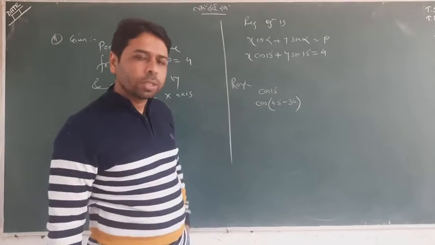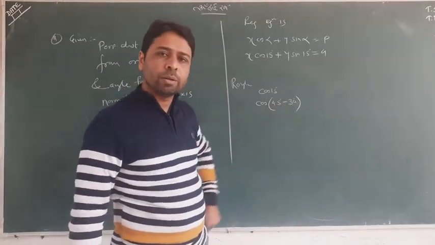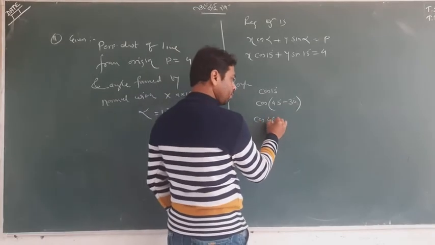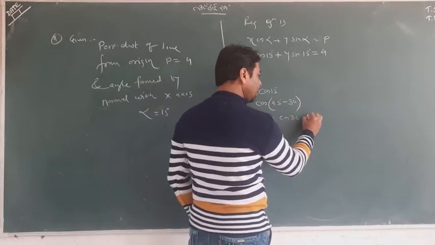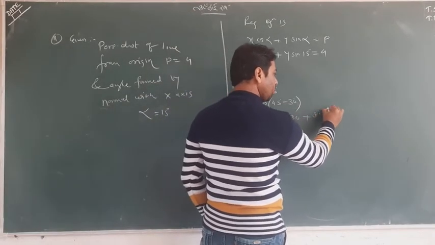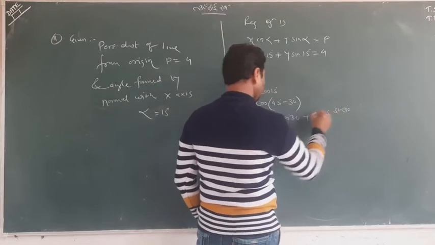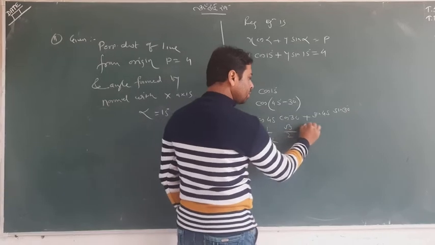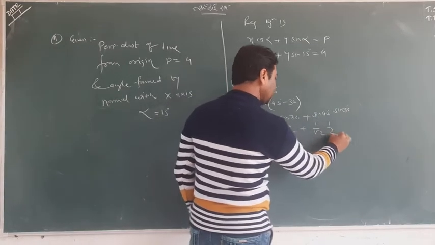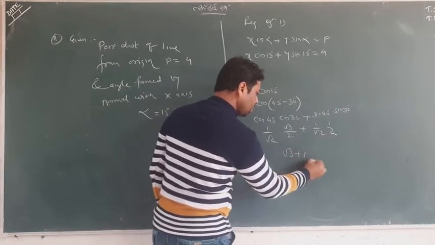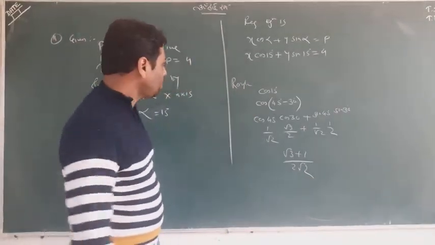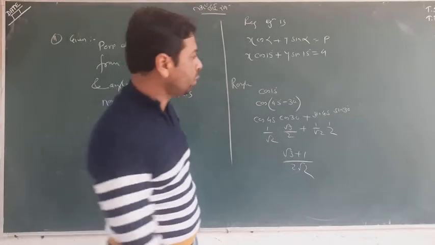Now use cos(A minus B), which is cos A cos B plus sin A sin B. So cos 45, cos 30, sin 45, sin 30. Overall your answer is this, the value of cos 15. And what about sin 15? Let me tell you this also.